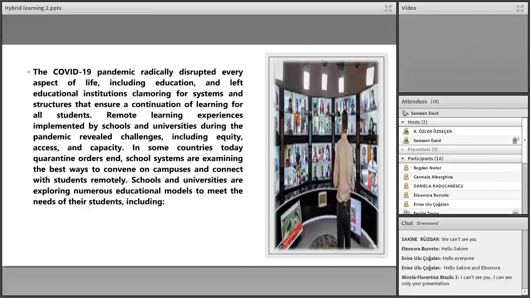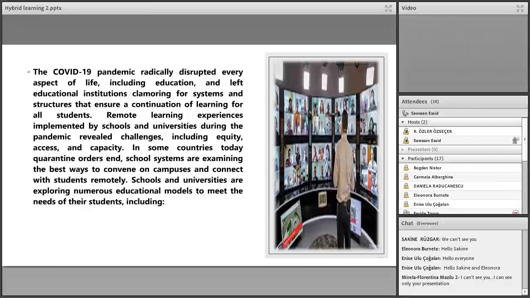In some countries, quarantine orders end, and the school systems are examining the best way to convene on campuses and connect with students remotely. So schools and universities are exploring numerous educational models to meet the needs of their students.